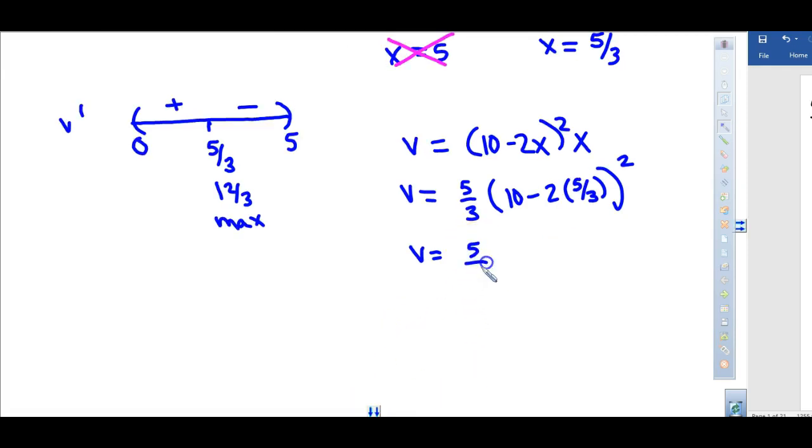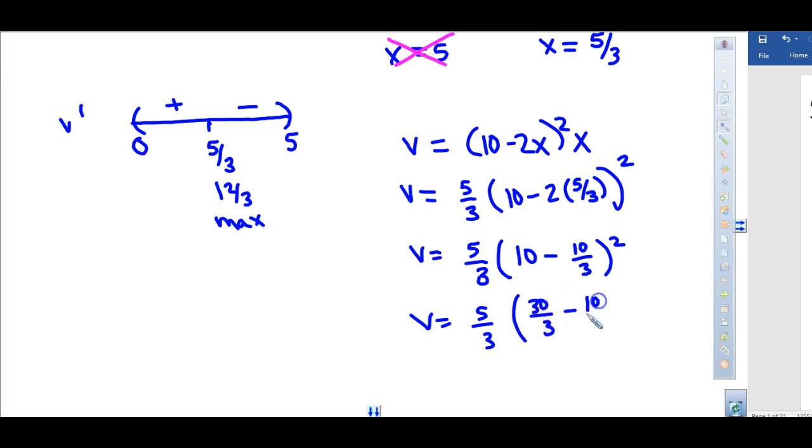So that's going to be 5/3 times 10 minus 10/3 quantity squared. 10 is the same thing as 30/3 minus 10/3.